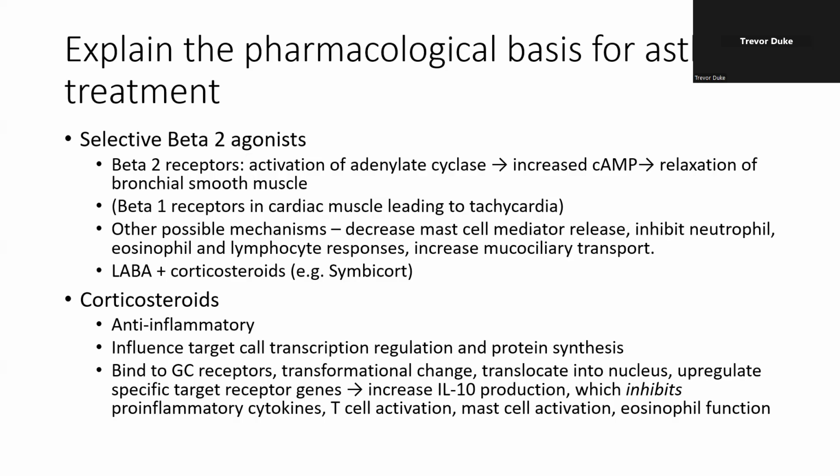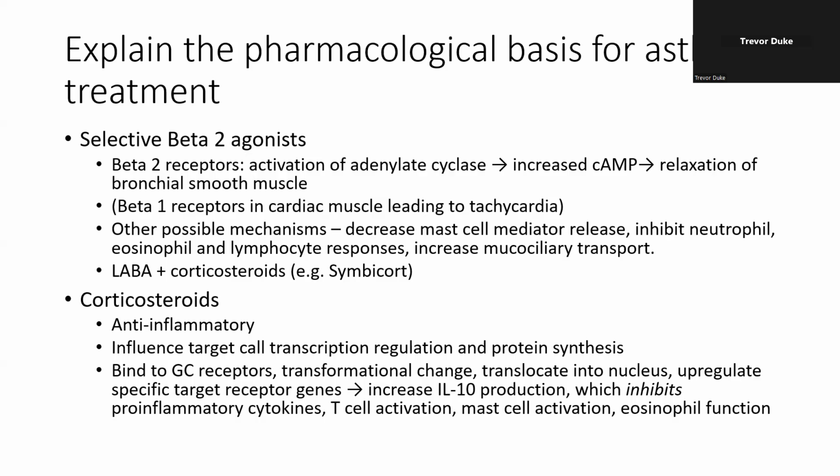They also decrease mast cell mediated release, so decrease the production of immunoglobulins and other cytokines. They may inhibit neutrophil, eosinophil and lymphocyte responses, particularly mucociliary transport of mucus. So mostly it's about relaxation of bronchial smooth muscle, but there might also be an immunological dampening down effect of beta-2 agonists.